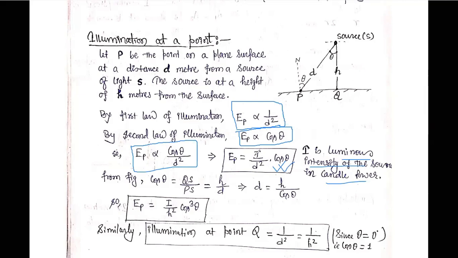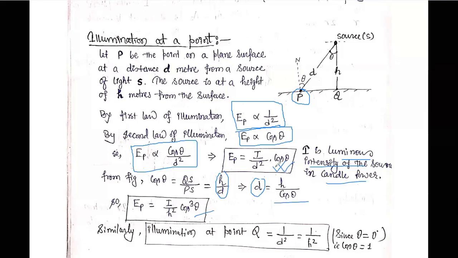Okay, multiply with that value, then you will get the illumination at this particular point P. Okay, and what will be the value of this cos theta? From the simple mathematics, this cos theta is equal to h by d. So you can replace the value of d in this equation, then you will get illumination at point P equal to I divided by h square into cos cube theta.